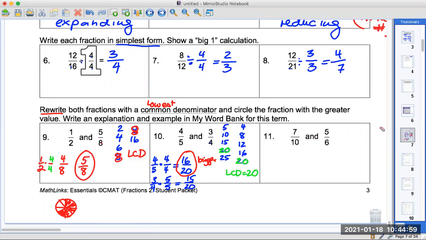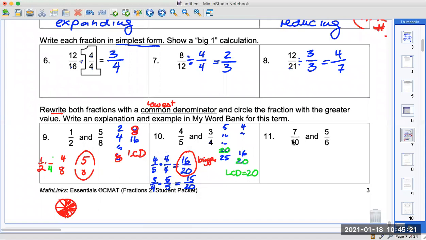So I want to list all the multiples of 10, and then I'm going to list all the multiples of 6. And my pen is stuck. It's not listening to me. There it goes. Okay, so I'll start with the tens.